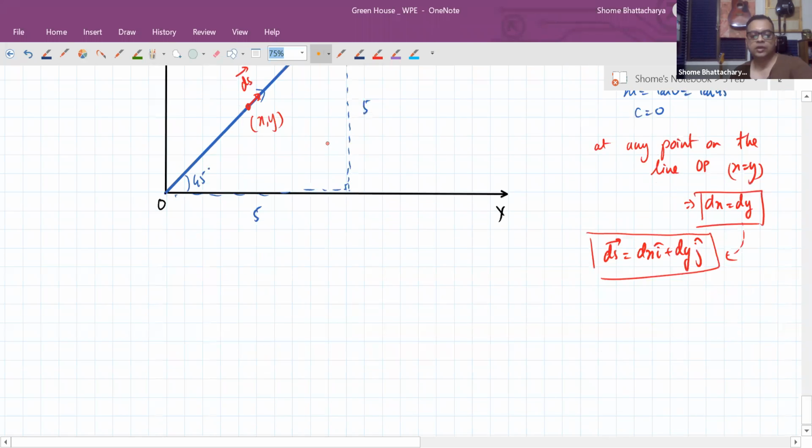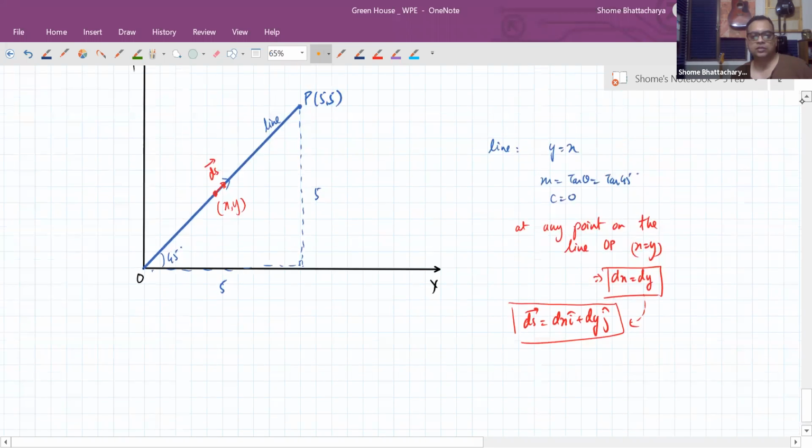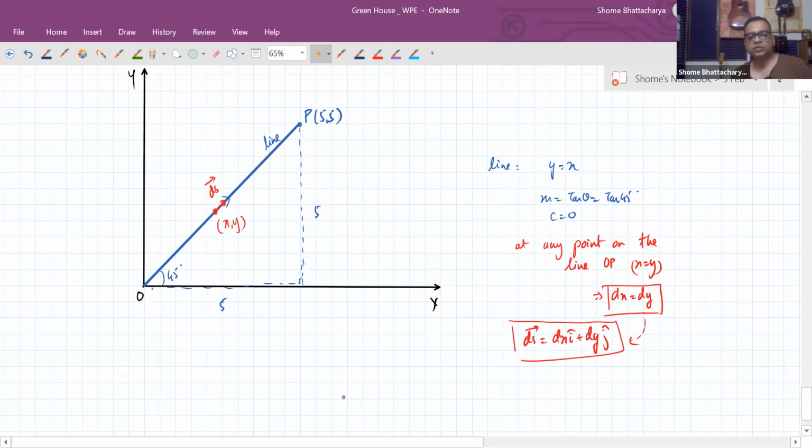Okay. So now the next thing, at that particular point, what about the force? The force F, whose general equation is 10 plus 2x i cap plus 2xy j cap, can also be written as 10 plus 2x i cap plus 2x square j cap, because y is equal to x at any point like this.